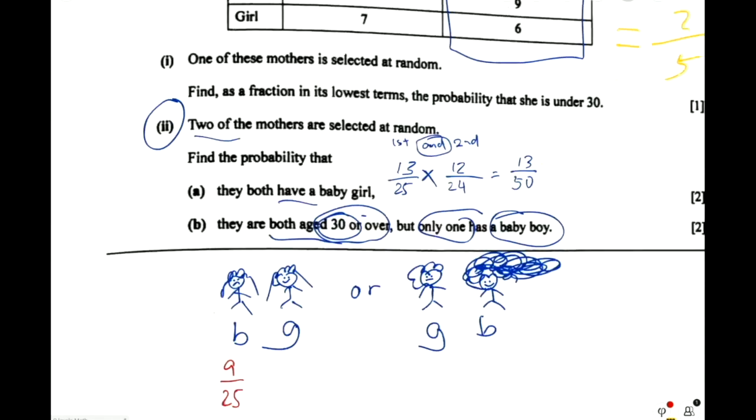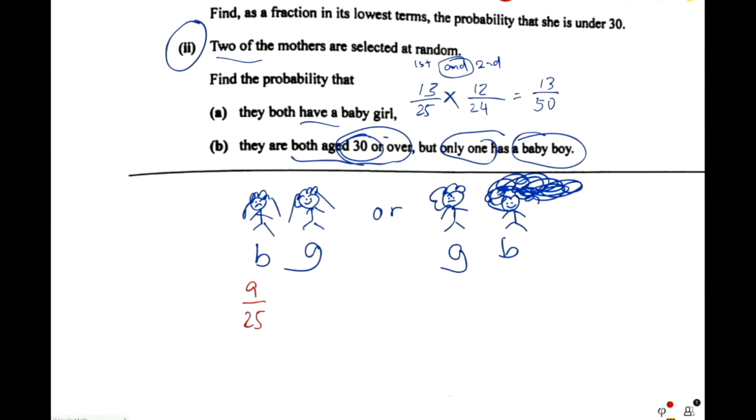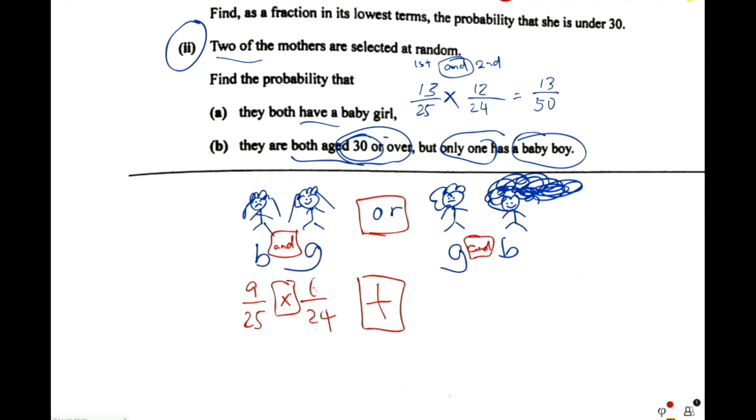Upon 24, because over here, you already took out 1. So left only 24. Now, because of this, what do we do? This one is and. Boy and girl. So because of and, we times. Because of or, we plus. And then this one is girl and boy, right? So we can find this again. This is 6 upon 25, 9 upon 24.